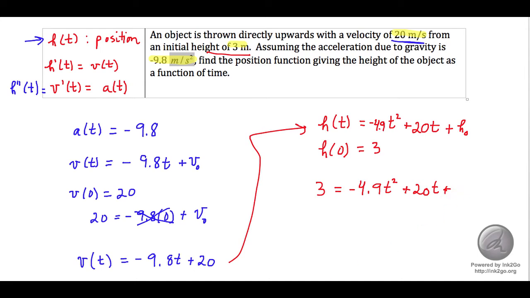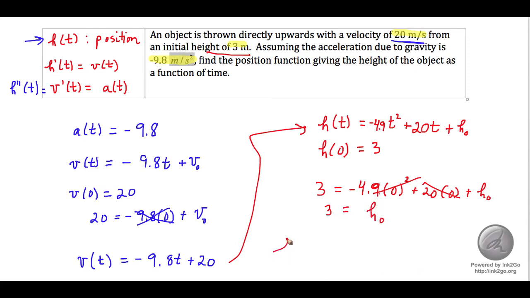Whoops, I'm sorry, t we already know is 0, because that's the initial time. The time always starts at t equals 0. So this is negative 4.9 times 0 squared plus 20 times 0 plus h naught. The zeros will cancel, and we get that 3 is equal to h naught.